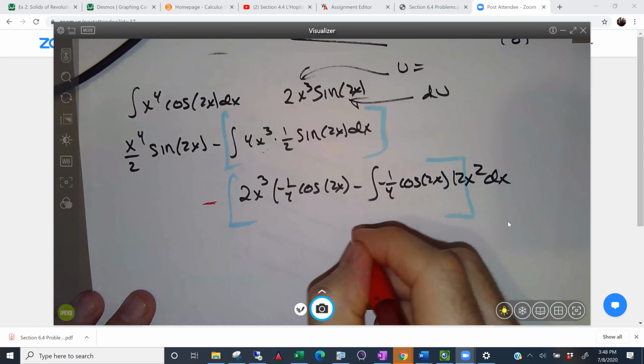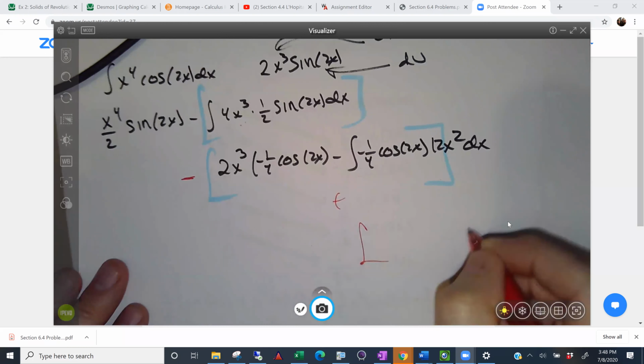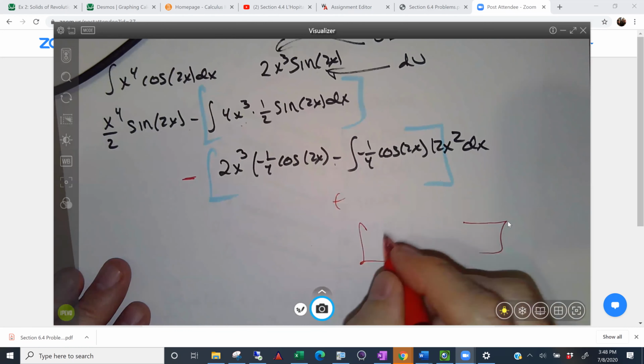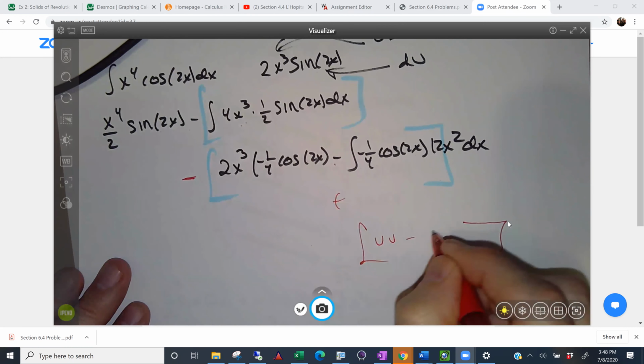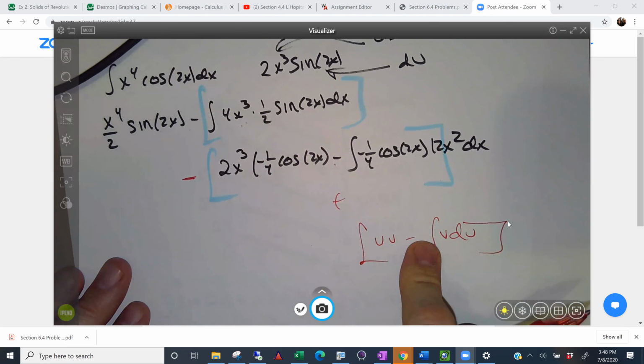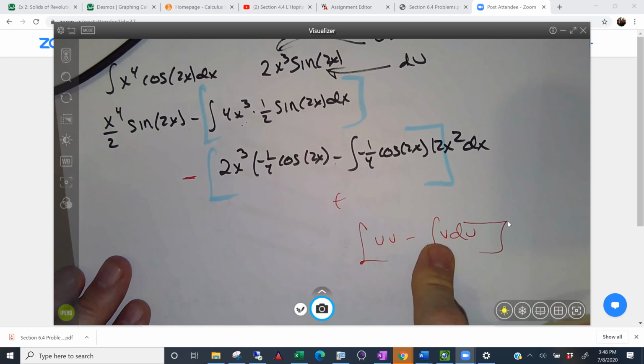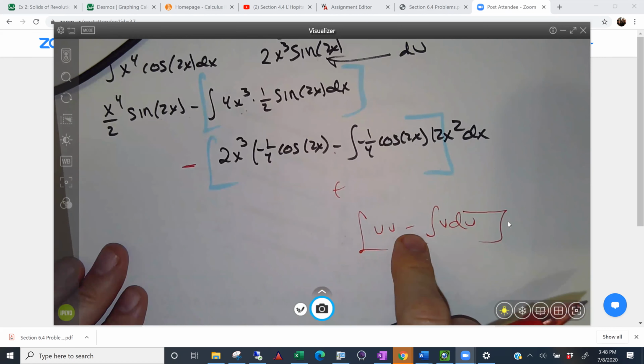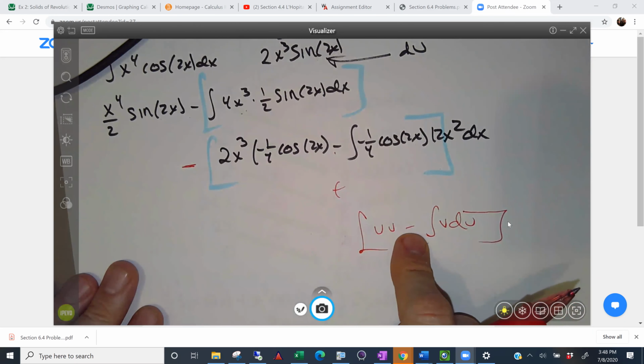So then that becomes a plus. And if I expanded this, then the minus here, uv minus integral v du, you keep on distributing these negative signs to what follows. And when you do, that creates an alternating pattern throughout your problem.